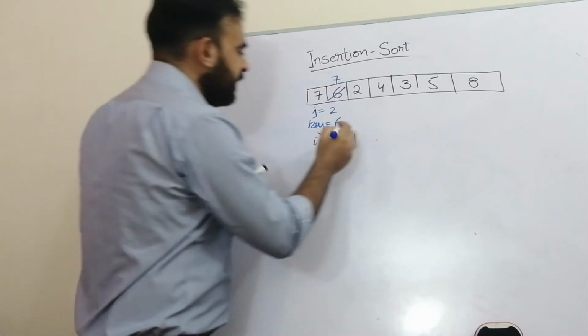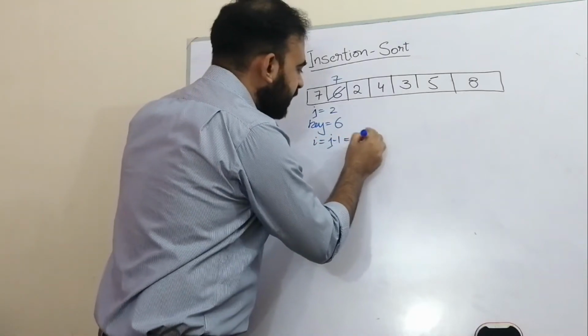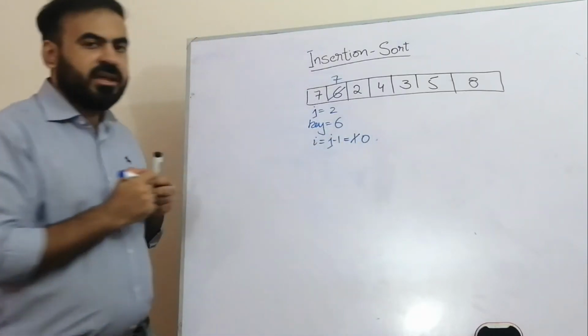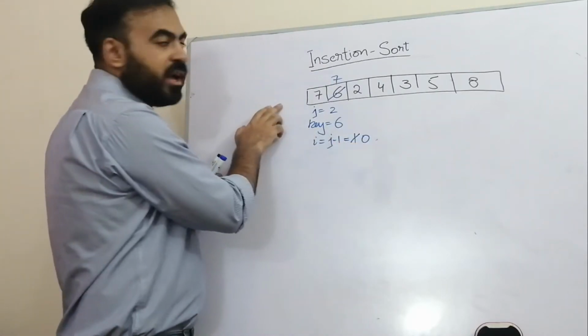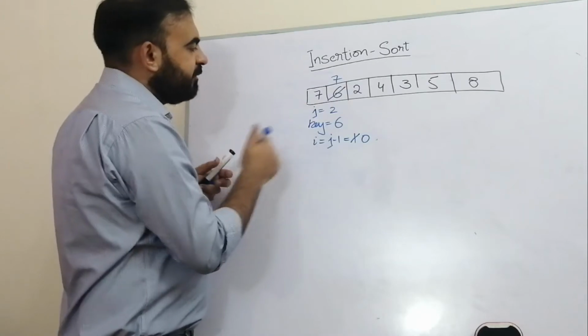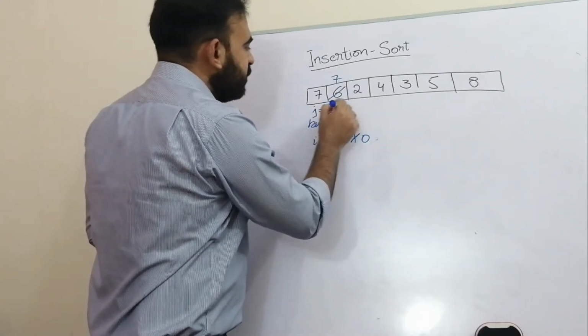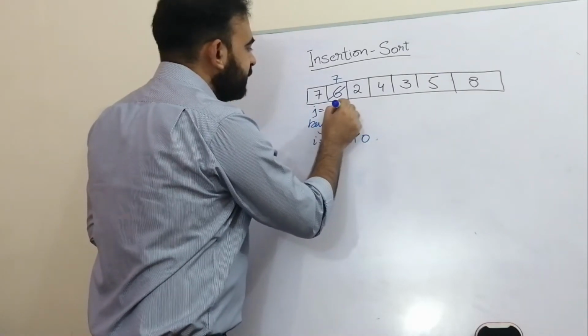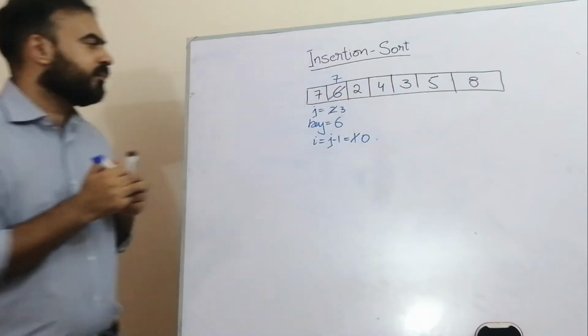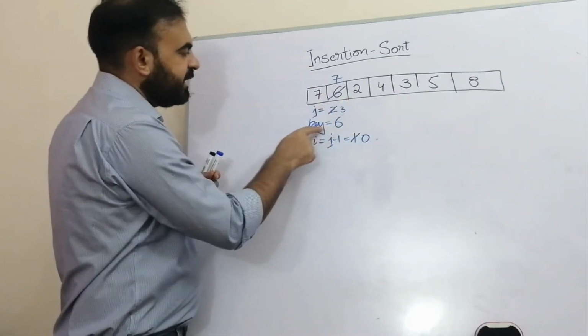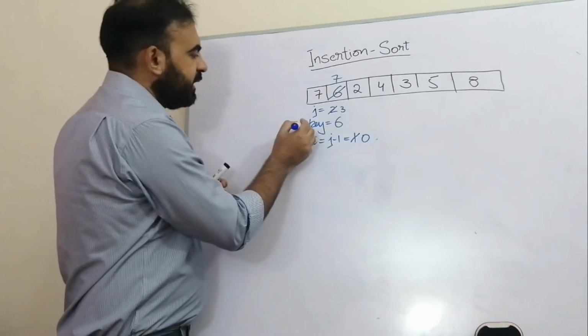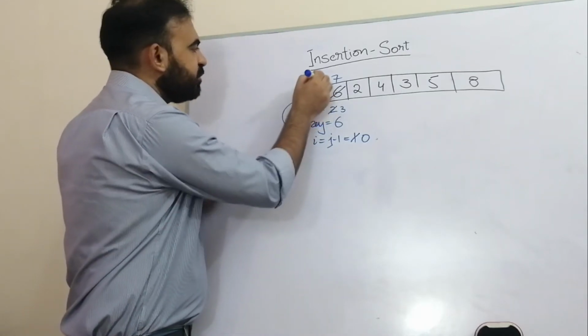Now i will be decremented to 0. As i becomes 0, there is no more element to compare, so it will enter the next loop, so j will become 3. Before j becomes 3, it will copy the key to its correct position, that is this position.